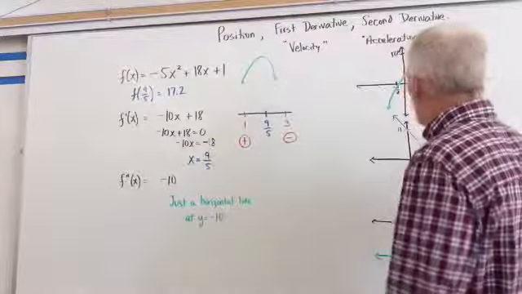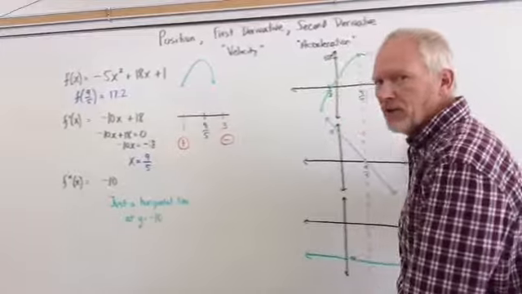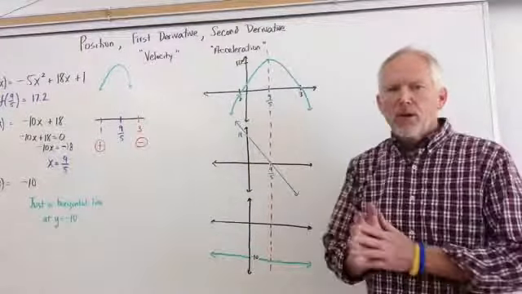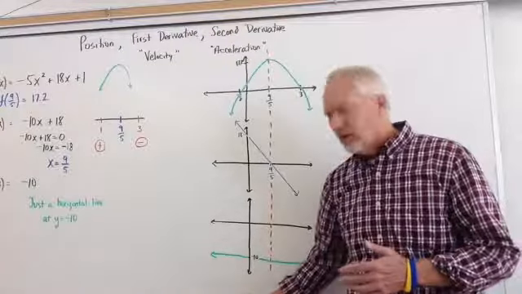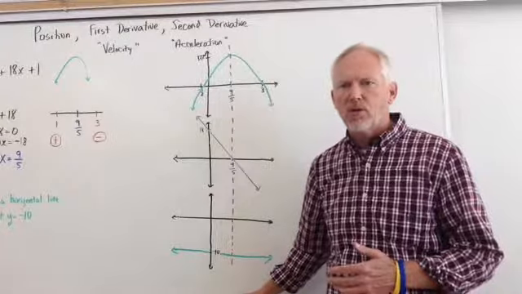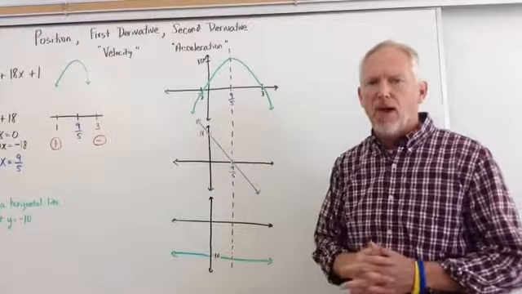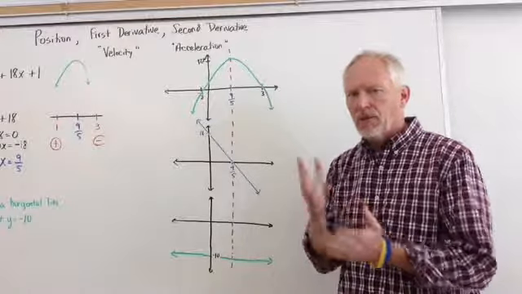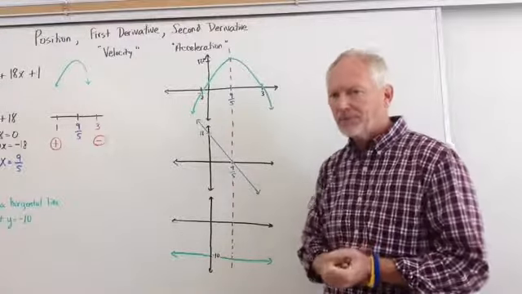All right, so now let's see what the graph looks like for each of these three. Remember, we are so used to graphing the position function that sometimes we don't really understand what the velocity graph will look like, and I'm going to explain that in this video.